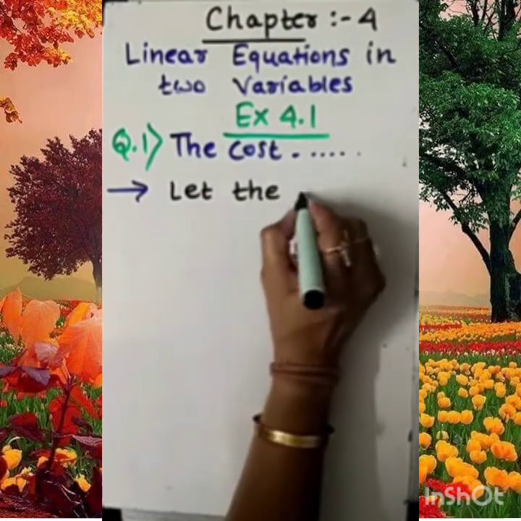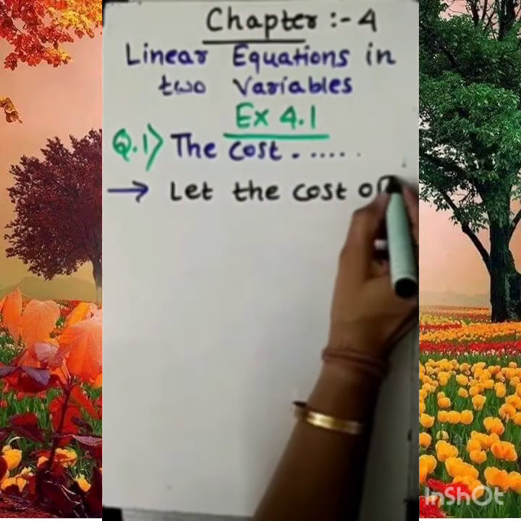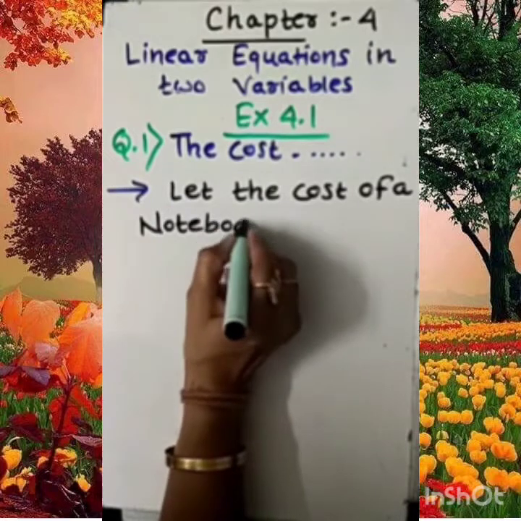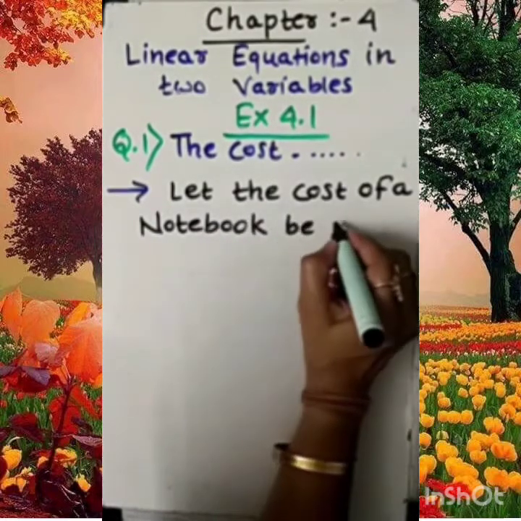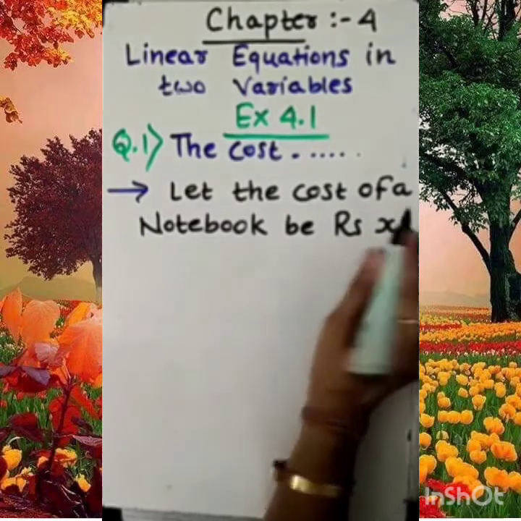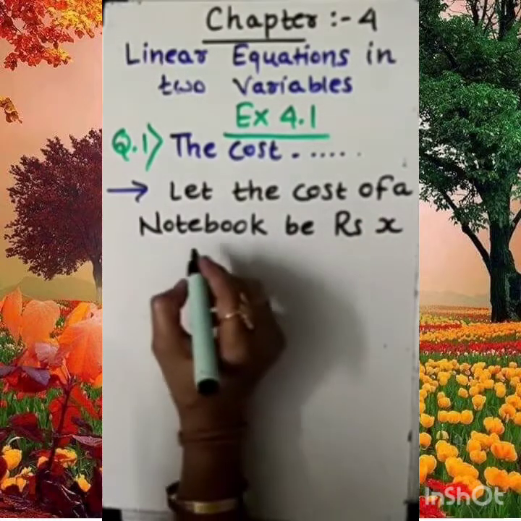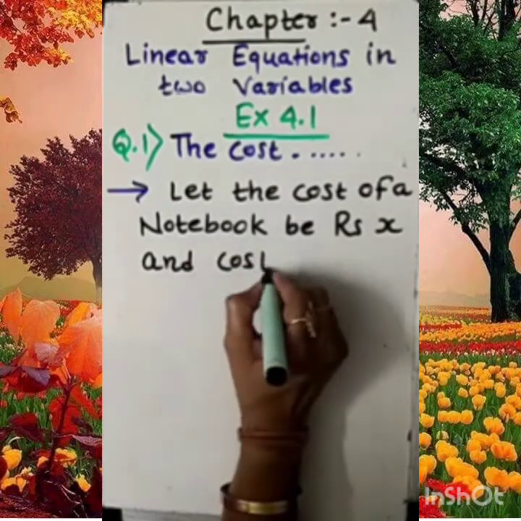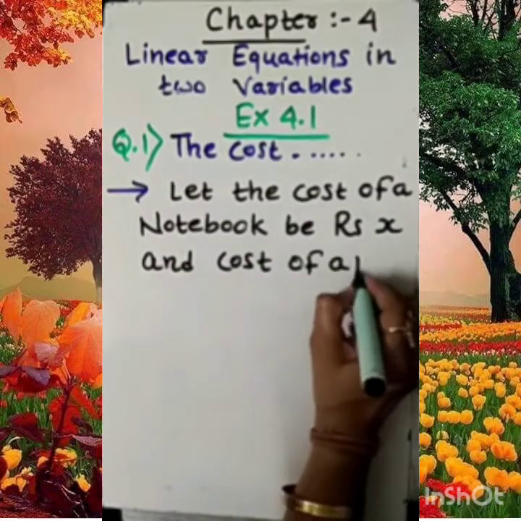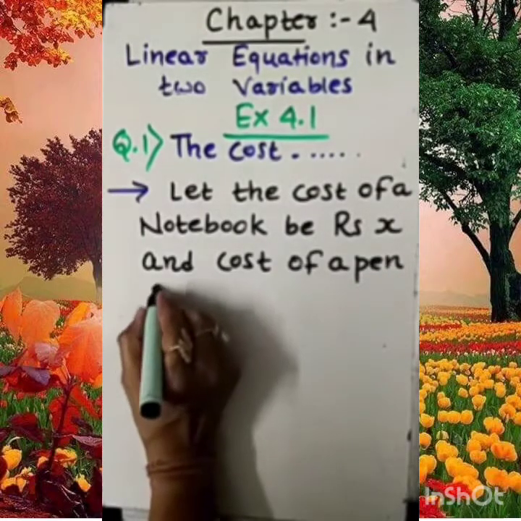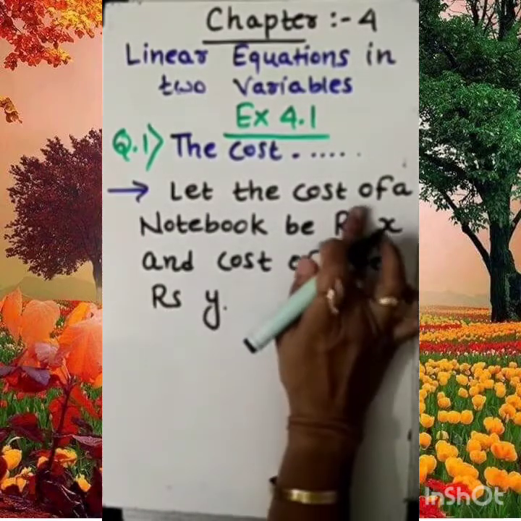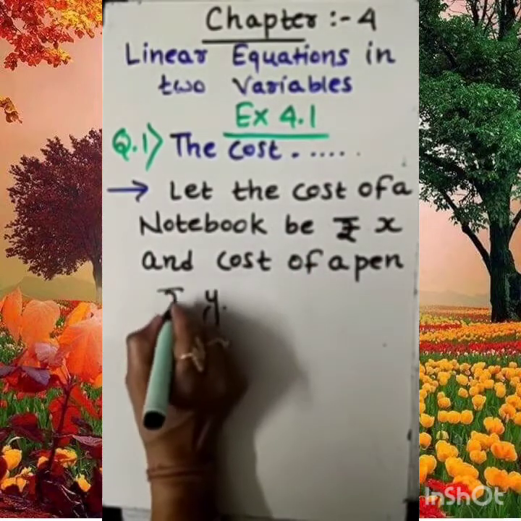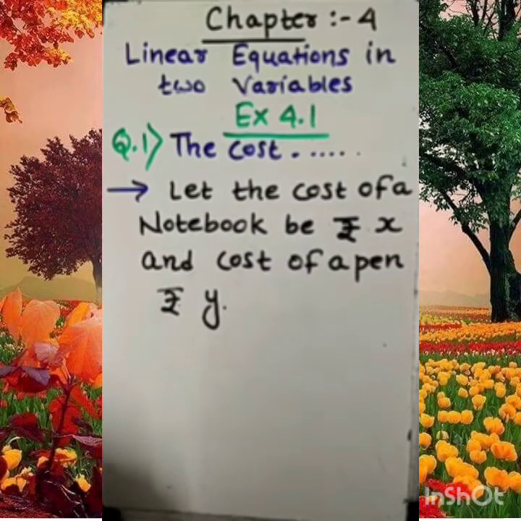Let the cost of a notebook be rupees X. This we are considering as rupees X, and cost of a pen, meaning cost of a single pen, we are considering as rupees Y. So for the symbols, I am changing this symbol for the rupees X and that is for the rupees Y.